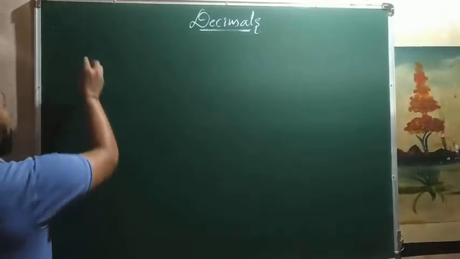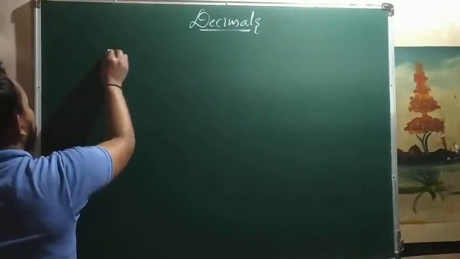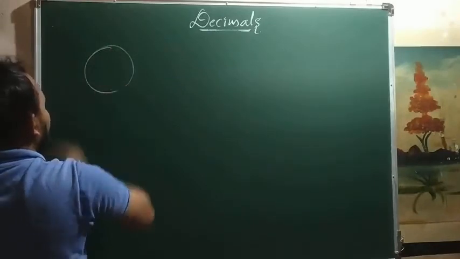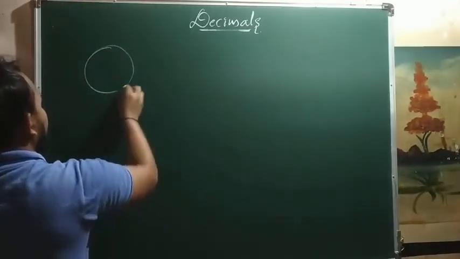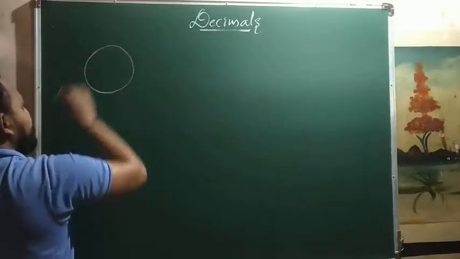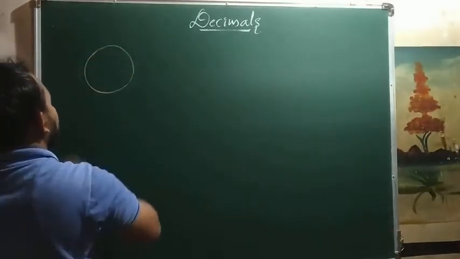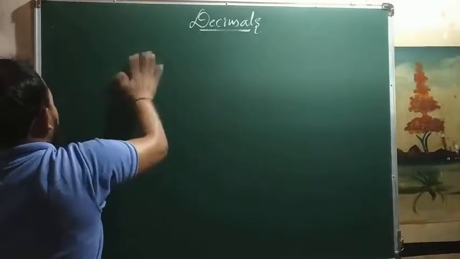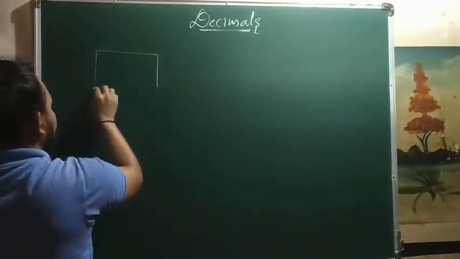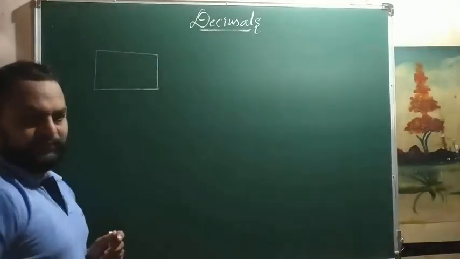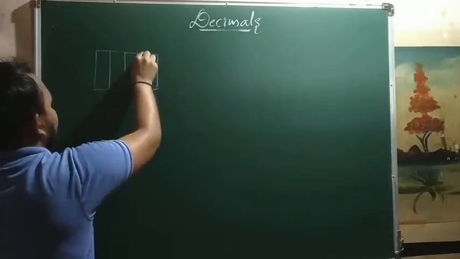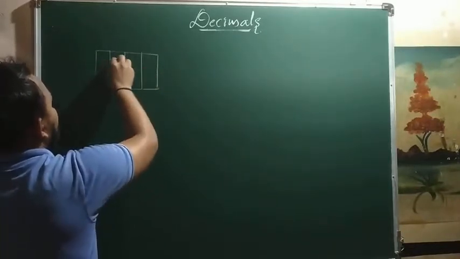Here, take one circle. Take one square. Count the parts: 1, 2, 3, 4 and 5.